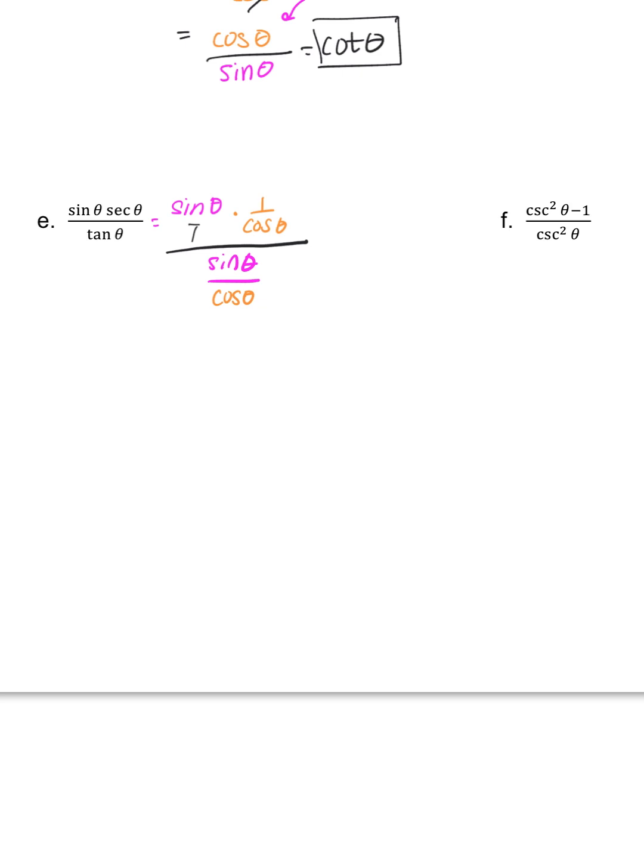When I do, I get sine divided by cosine all over sine divided by cosine. Okay, so when I look at this big fraction, it's called a complex fraction, I notice that the numerator is exactly the same as the denominator, okay?